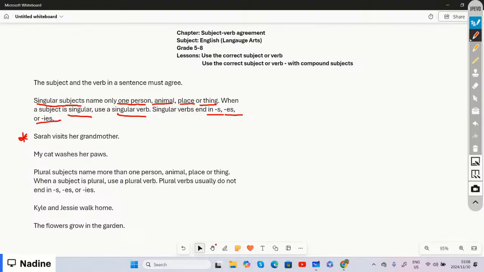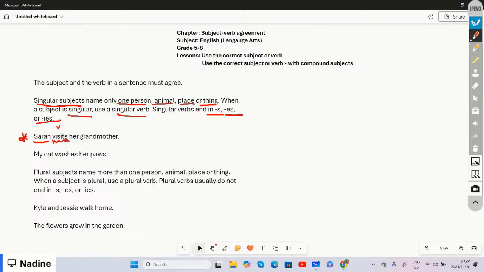Let's say Sarah. Sarah is one person, which is singular. Visits is our verb, and you see, it ends with an s. Her grandmother. So, Sarah visits her grandmother.